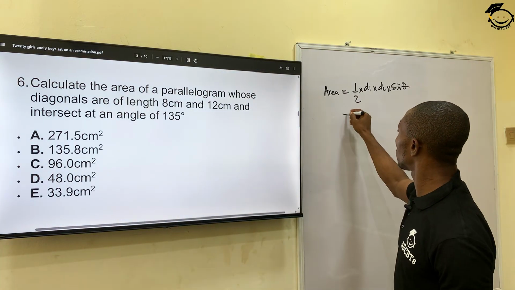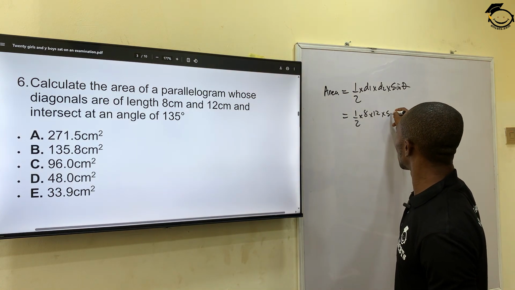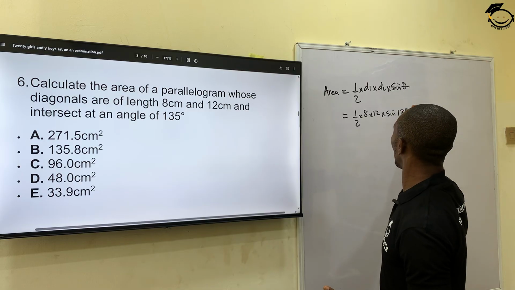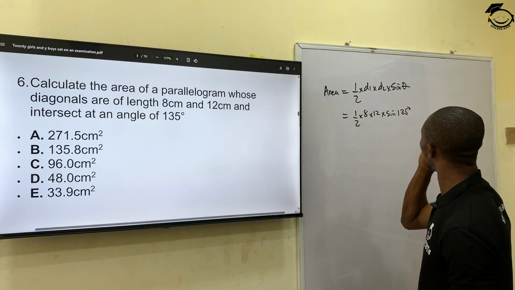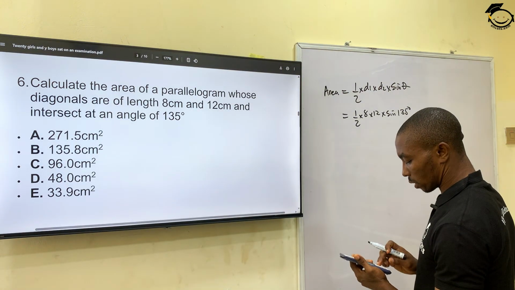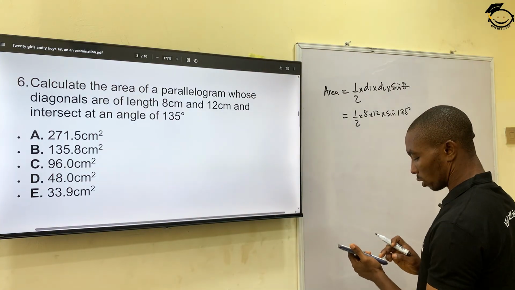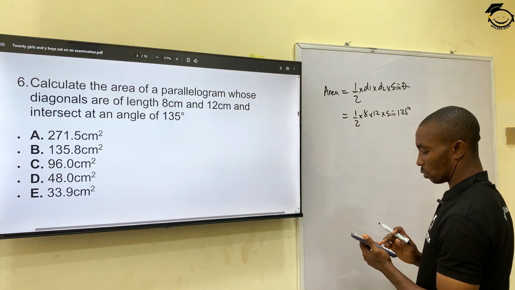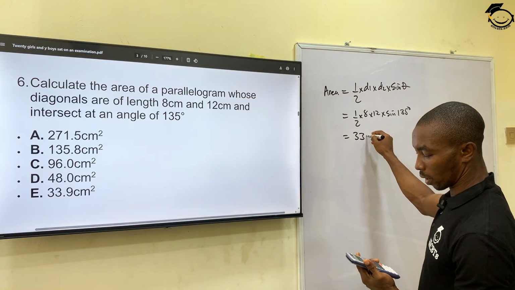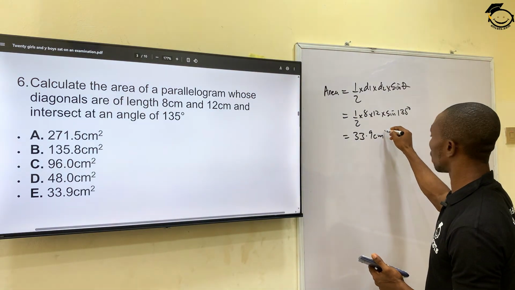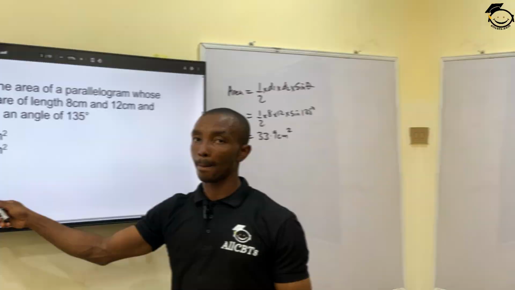So this becomes 1 over 2 times 8 times 12 times sine 135 degrees. This gives us 4 times 12 times sine 135, which is 33.9 centimeter squared, which is option E.